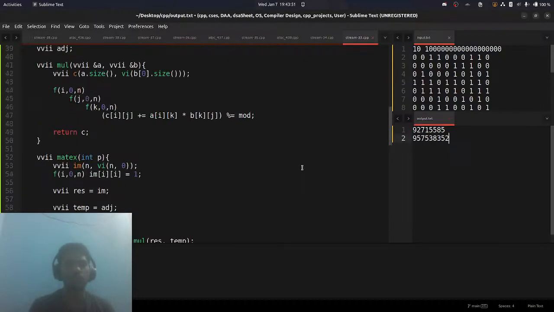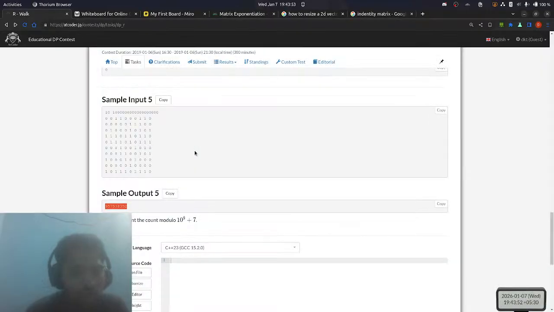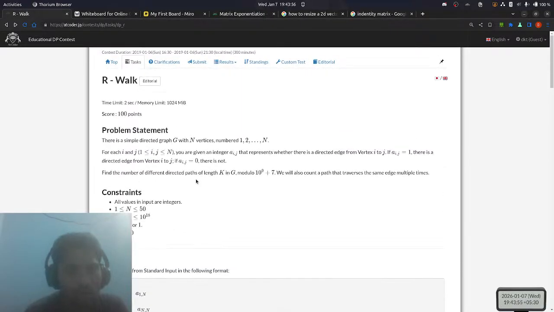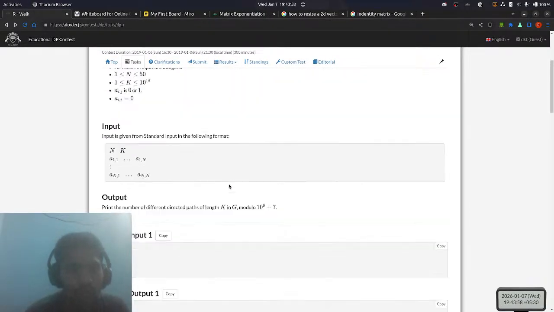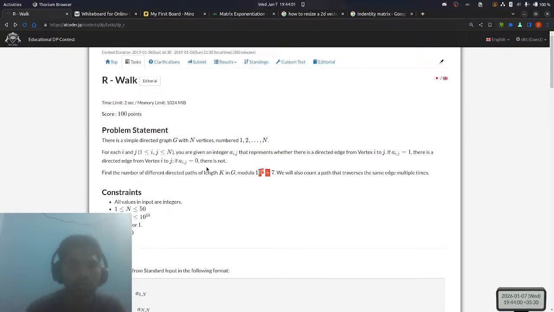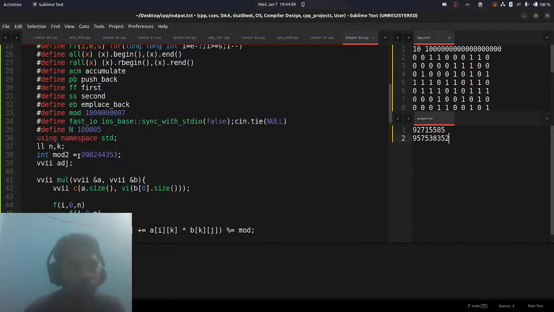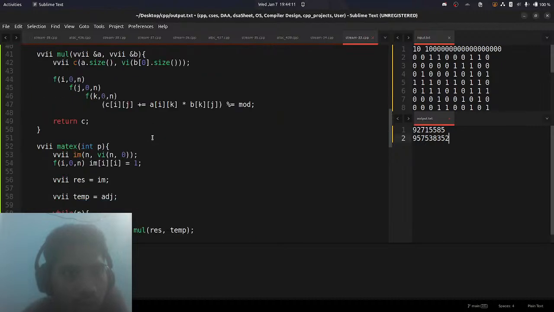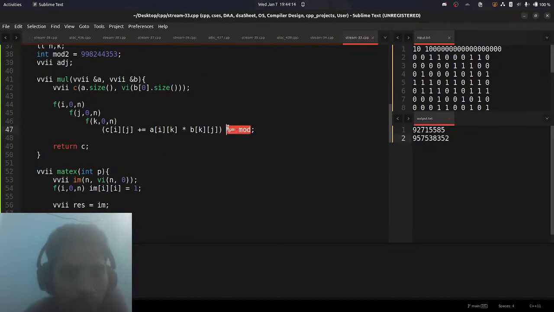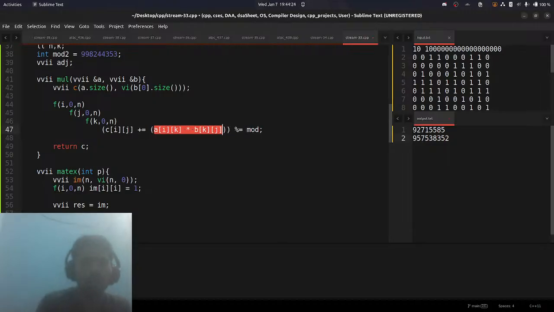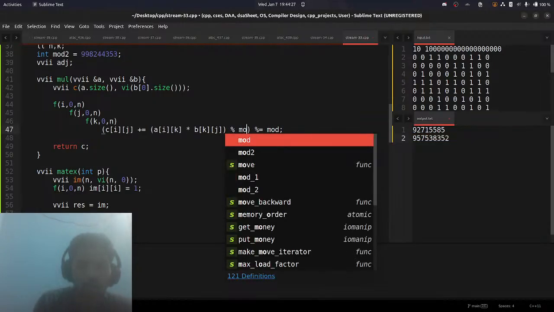Okay, so it is modulo. Modulo is 10 to the power 9 plus 7. 10 to 3, 4, 5, 6, 7, 8, 9. It is correct. We don't need you. Or do we? Okay, so maybe this thing will be modded as well.